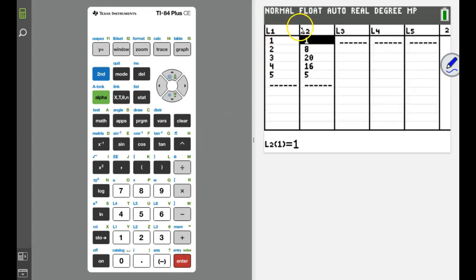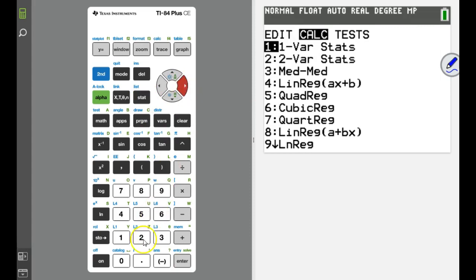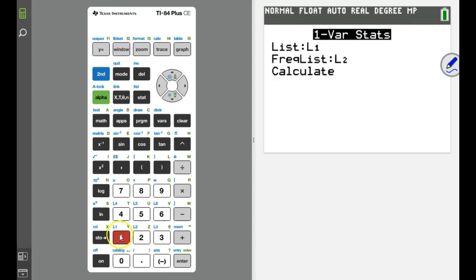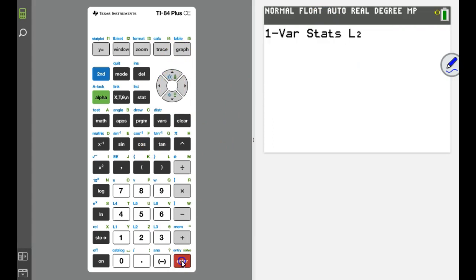and you wanted to find, like, I'm just going to use my little list here. This is numbers for a question later. But if I wanted to find mean, median, mode, and standard deviation of this list number 2 right here, I would go stat, right arrow, one variable, and I'd tell it what list I was doing. And then we have not used frequency list yet. And then calculate.